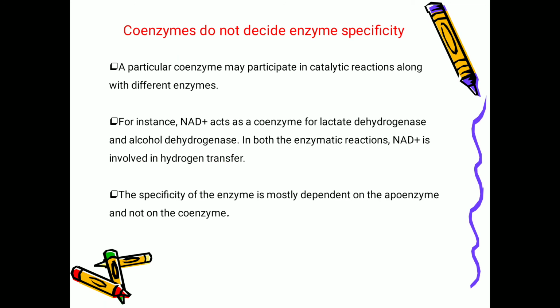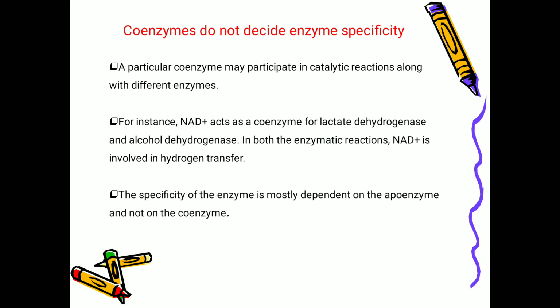And these coenzymes do not decide the enzyme specificity. All the enzymes are specific in their character and the enzyme specificity is because of the active site. So, a particular coenzyme may participate in catalytic reactions along with different enzymes. For instance, NAD plus, nicotinamide adenine dinucleotide, can act as a coenzyme for lactate dehydrogenase and also for alcohol dehydrogenase.